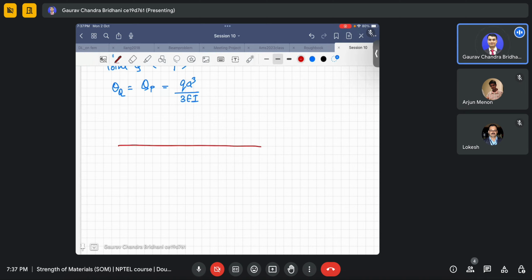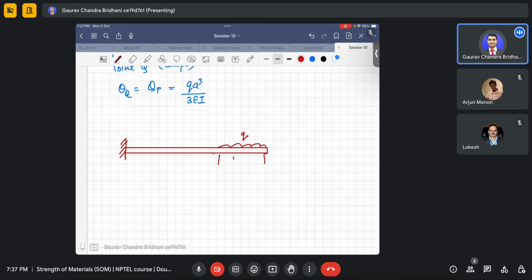So suppose I will give you a beam, not this, okay, it's a cantilever, something like this, and suppose it is being asked like this, q is being applied in this region, we call it again B. So here q is applied, this is A.